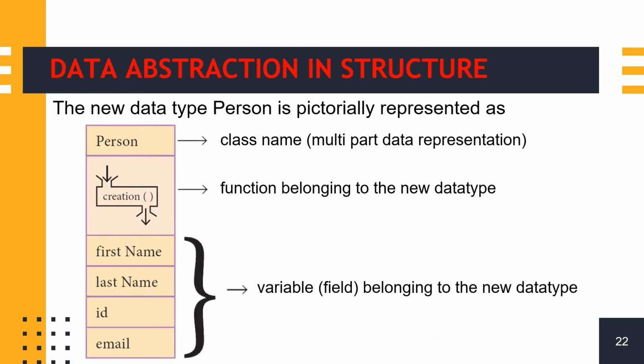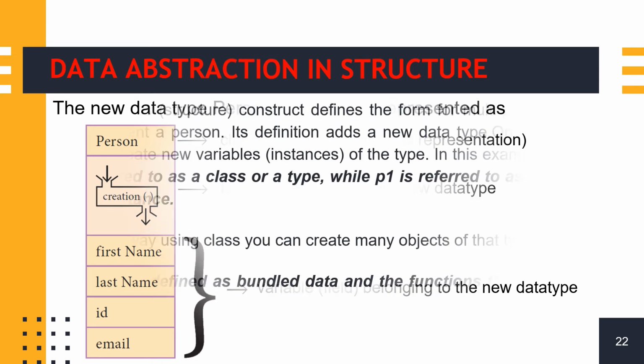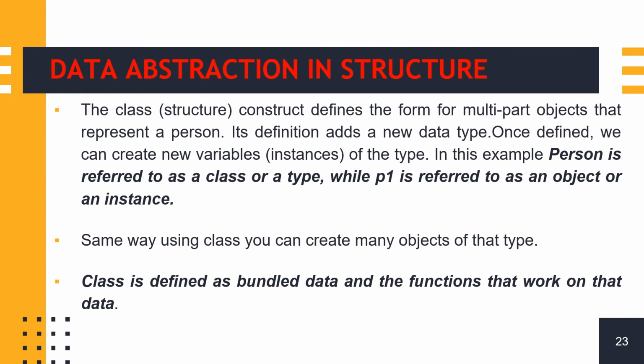Now the new data type person is pictorially represented as person, the class name, with a multi-part data representation. Here the functions belong to the new data type. Here first name, last name, ID, email, the variable fields belong to the new data type. Now the class structure construct defines the form for a multi-part object that represents a person. Its definition adds a new data type.